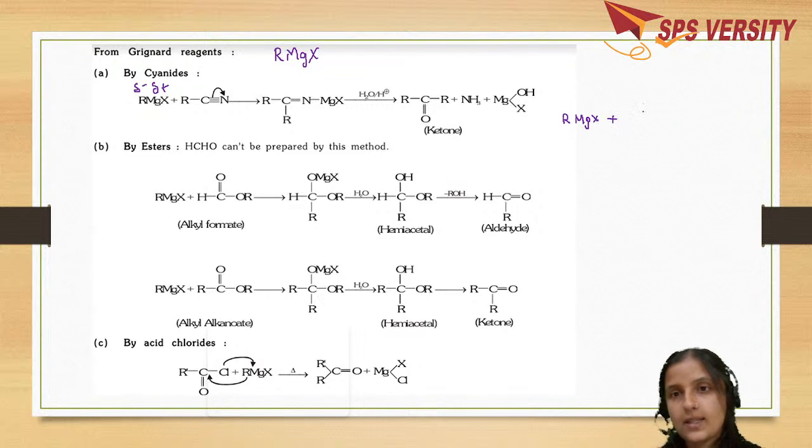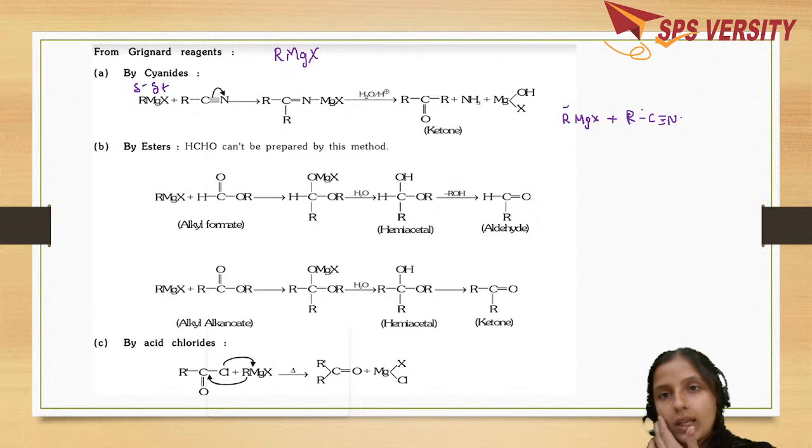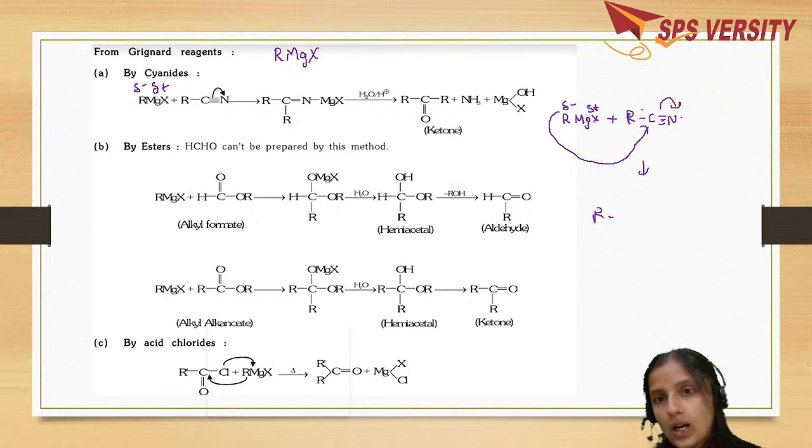RMgX plus RCN. Now, R being negative and this being positive, R goes and attacks here, so the bond shifts. You get R, C, double bond N attached to MgX, and this R comes down over here.